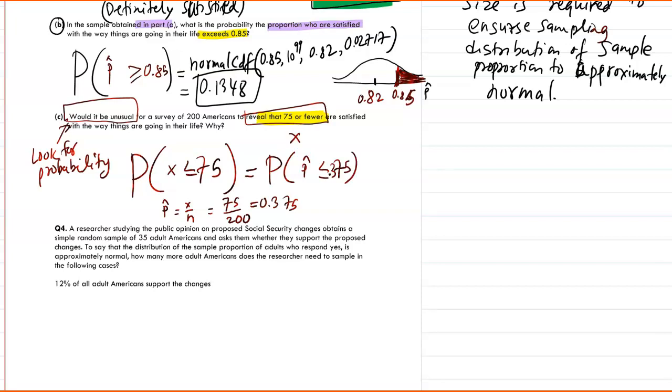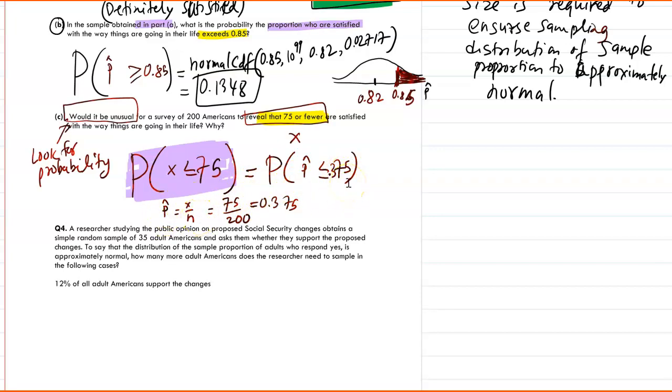My point is this is what I'm looking for, but I've got to translate this x as a p hat. Therefore I translate this x here as a p hat of 0.375 because I know p hat is x over n.